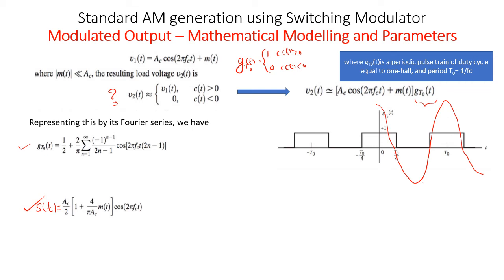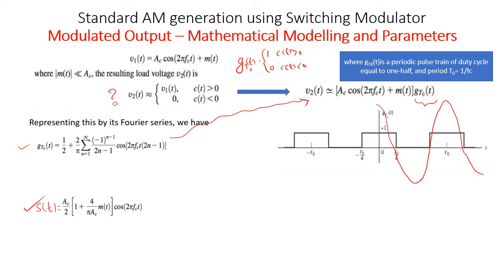Now, if I need to convert this v2(t) into an elaborate mathematical expression and extract only the desired term from that, I should substitute the expression of g_T0(t) in the expression of v2(t).